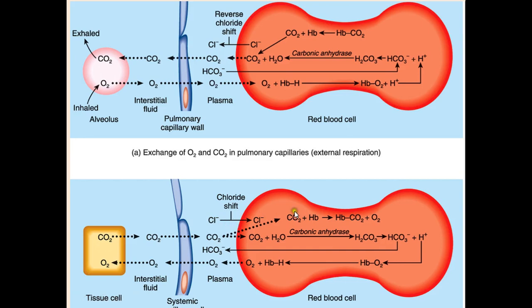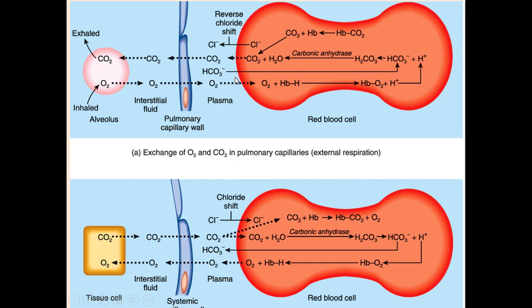This is called chloride shift, to maintain electrical neutrality in the intracellular environment. So 75% of carbon dioxide, in the form of plasma bicarbonate ions, is transferred to the lung capillaries.